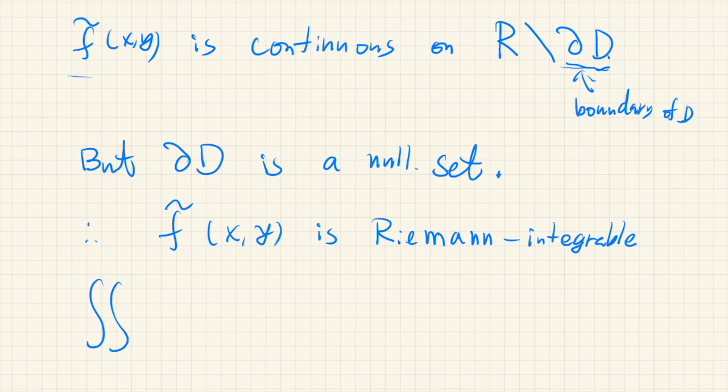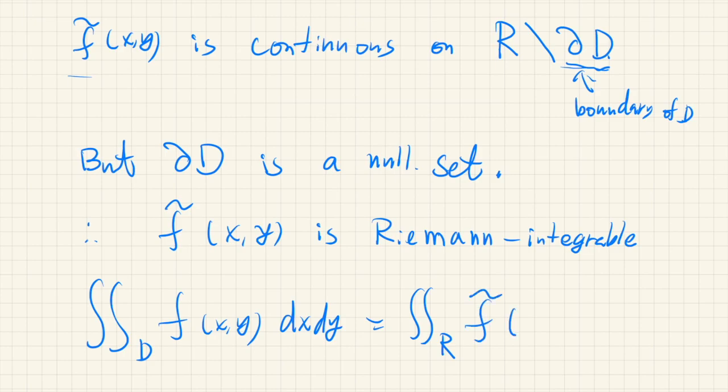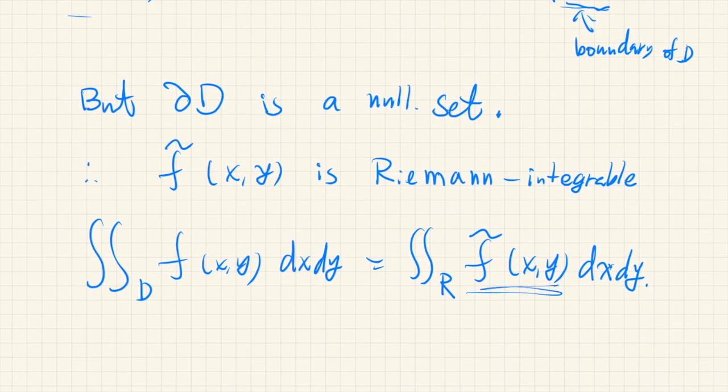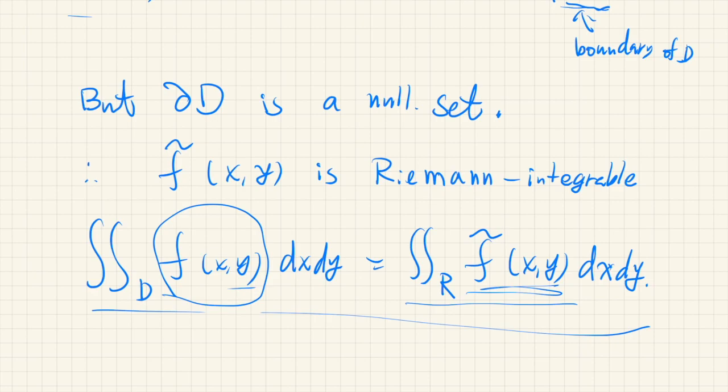And this integral over R is equal to the integral of f of x, y dx dy over D, because outside of D the value of this function is all 0. So what's remaining is the same as f of x, y. So this equality holds. Therefore, the original function f of x, y is integrable on D. And we're done.